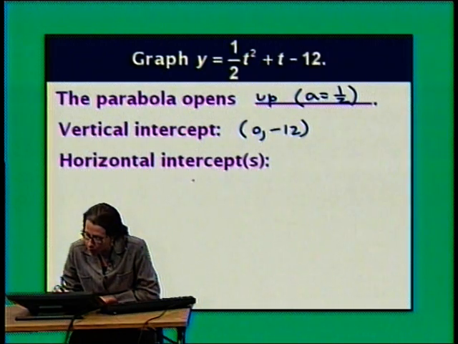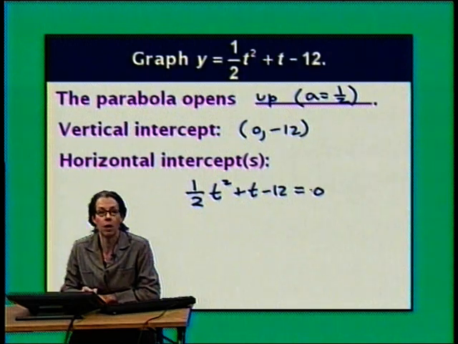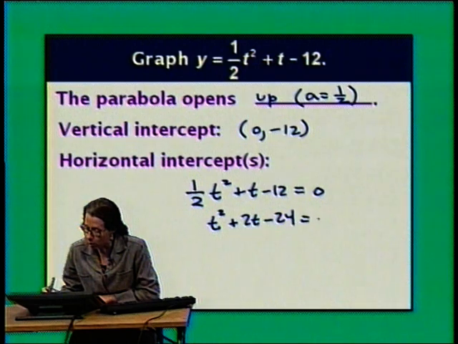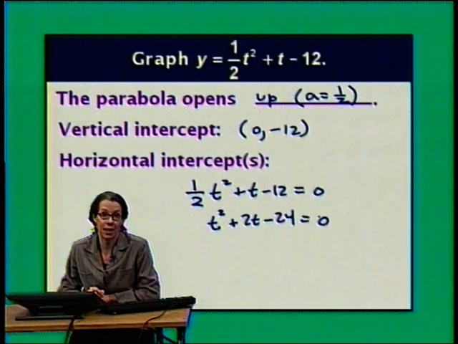So I'm going to solve the equation 1/2 t squared plus t minus 12 equals 0. I think I'm going to multiply both sides of this equation by 2 to clear that fraction. So I have t squared plus 2t minus 24 equals 0. Are there integer factors of -24 that add to 2?